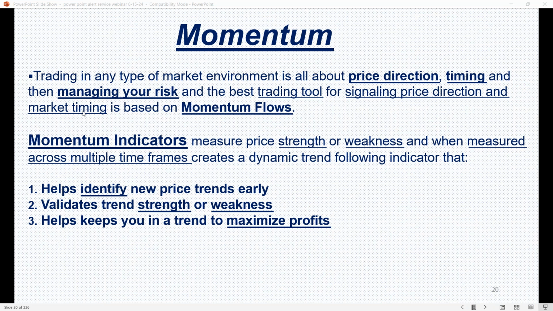What I found is the best way to do these two functions is based on momentum flows. Momentum indicators measure price strength or weakness. And when you're measuring price strength or weakness across multiple time frames, not just one, this sets up a really dynamic trend following indicator that you can use.